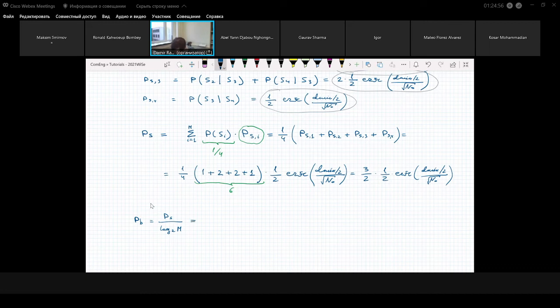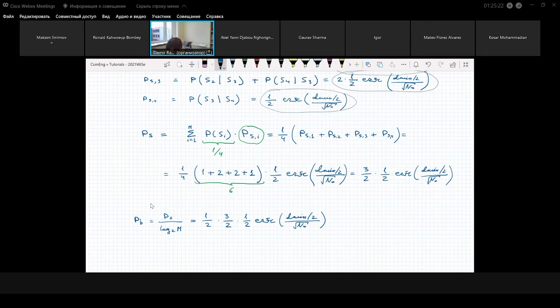And if we calculate, we get that the bit error can be found as 1/2 times 3/2 times 1/2 complementary error function of d_min by 2 divided by square root of N0.